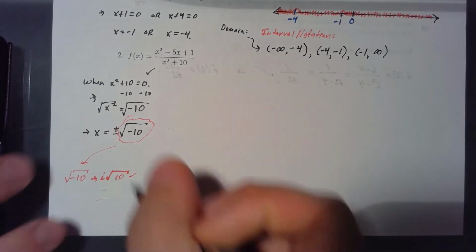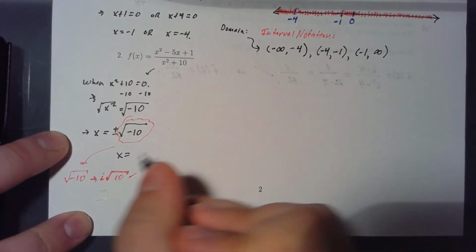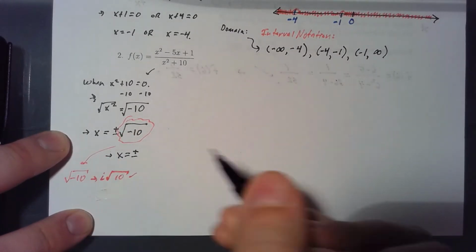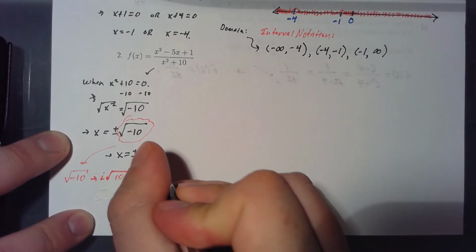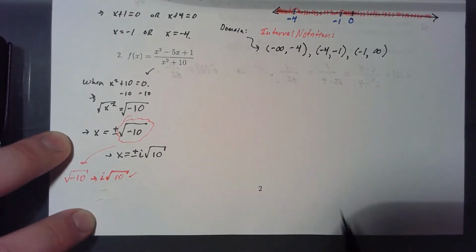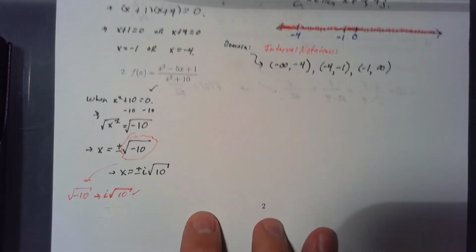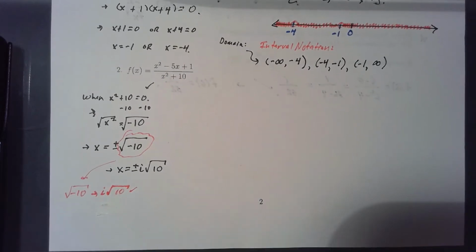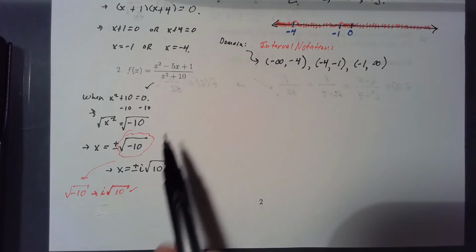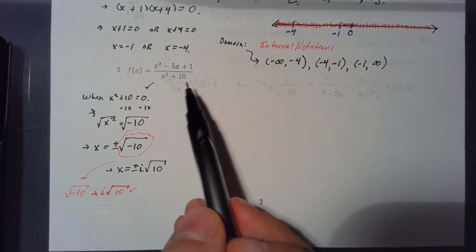So x equals plus or minus i times the square root of 10. Well, okay, so what we're saying here is that these values right here make the denominator 0.